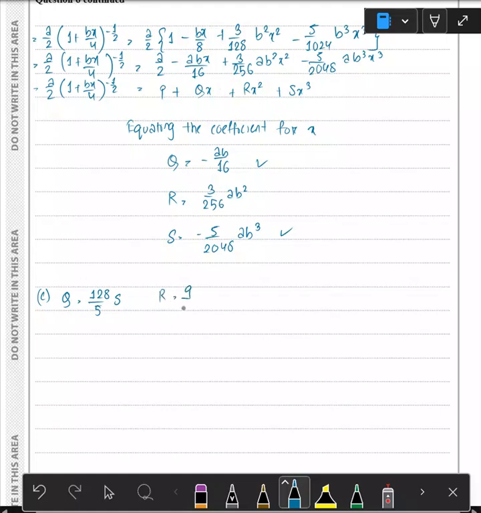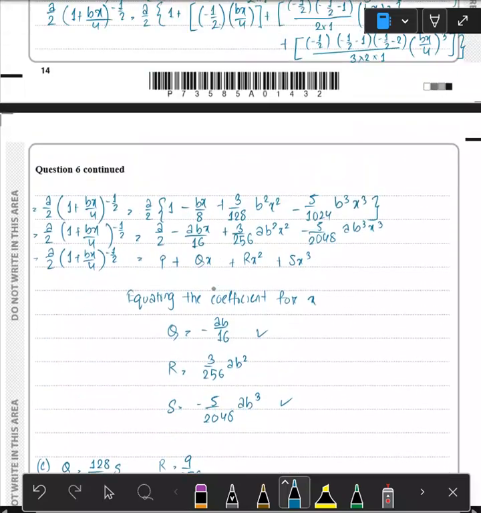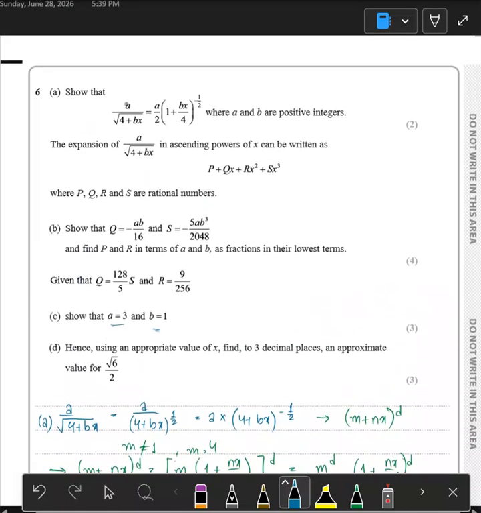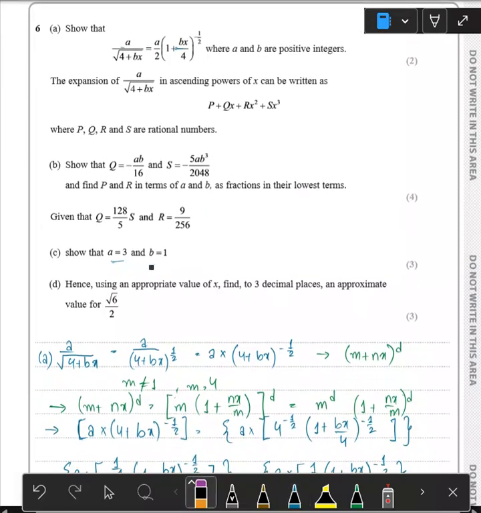Now they have access to show that a and b are equivalent to these two values.